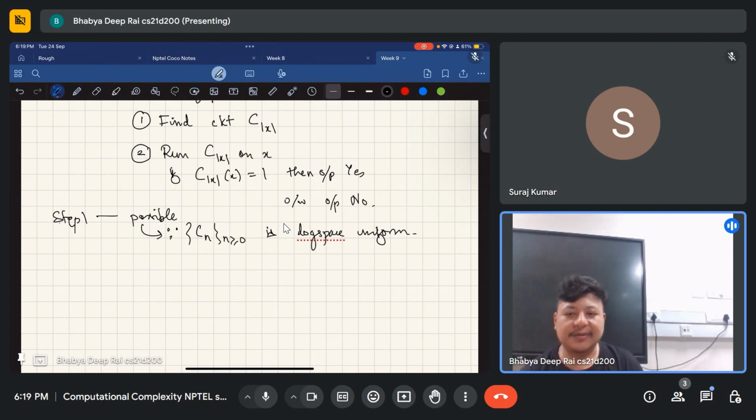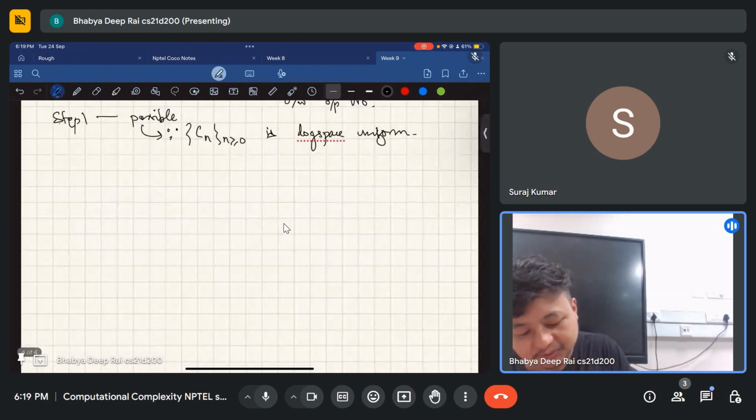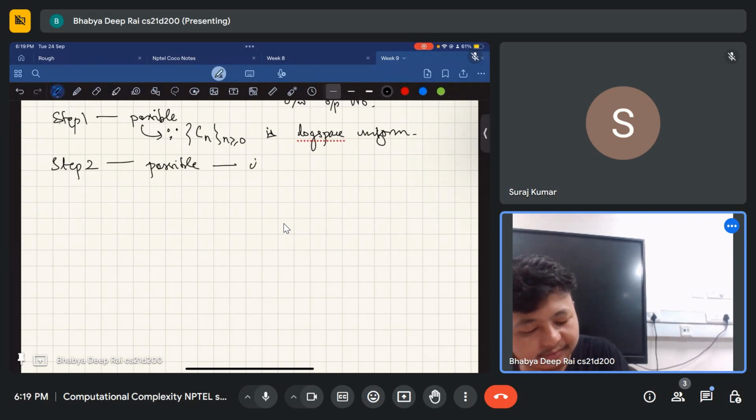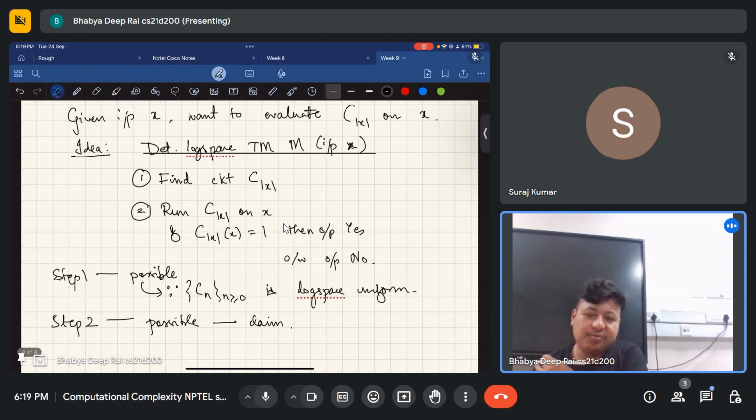Because it's log space uniform, I can compute the description of CX. Now the next thing is step 2, is it possible? This is my claim. So this is the claim that step 2 is possible.